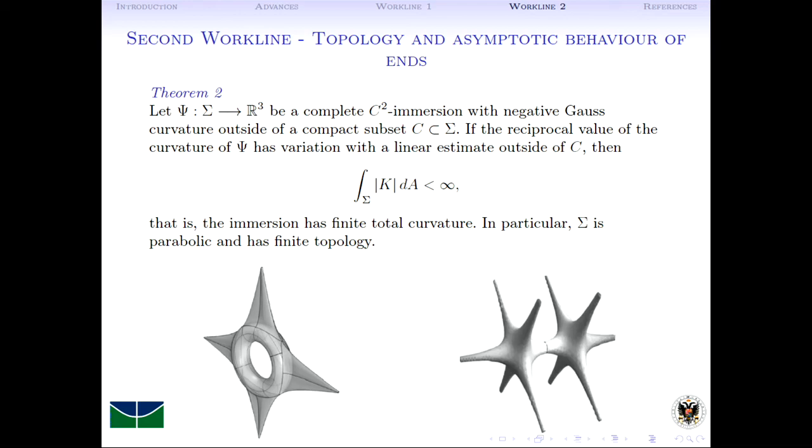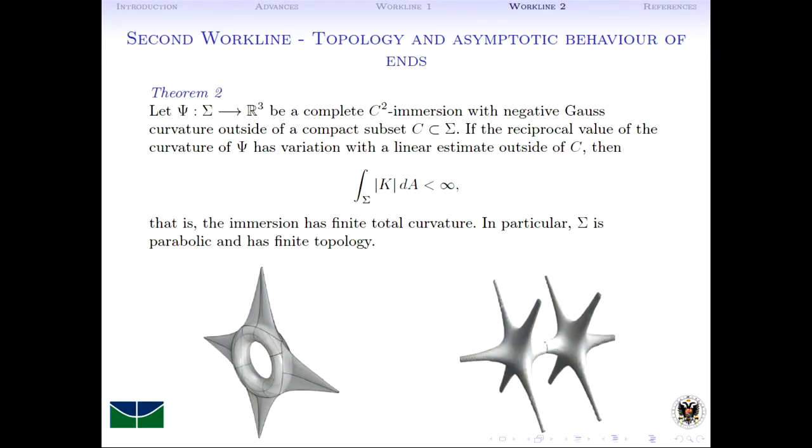Just by taking a complete surface without boundary, but imposing conditions out of a compact subset, making a parallel reasoning, we can prove this theorem, which has the same conclusion for immersions without boundary, but imposing those conditions out of a compact subset.